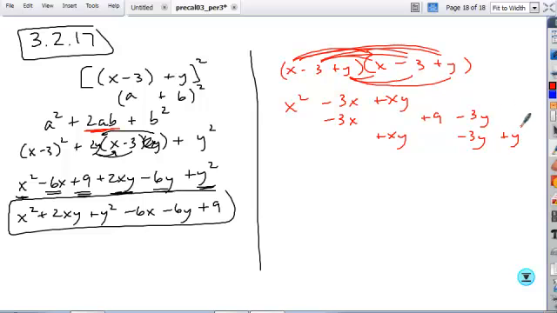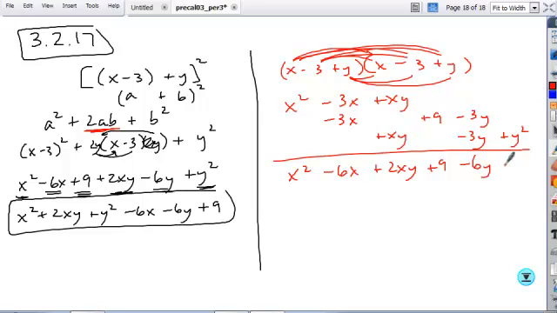And then just combine straight down your columns. And then just reorganize your terms in the same way. We get x squared plus 2xy plus y squared minus 6x minus 6y plus 9.